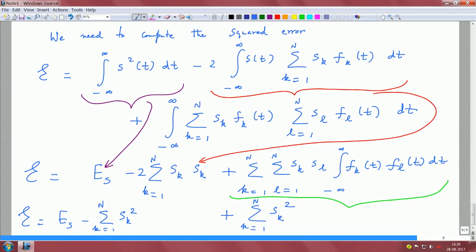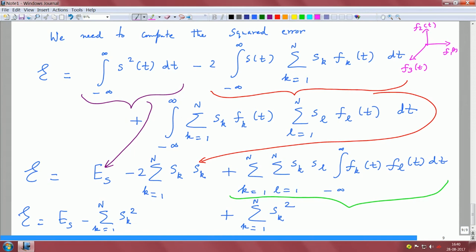Now, if you had the signals F1(t), F2(t), F3(t), and so on, and we said they are mutually orthogonal and orthonormal, it is an orthonormal basis. So you can write it like this.